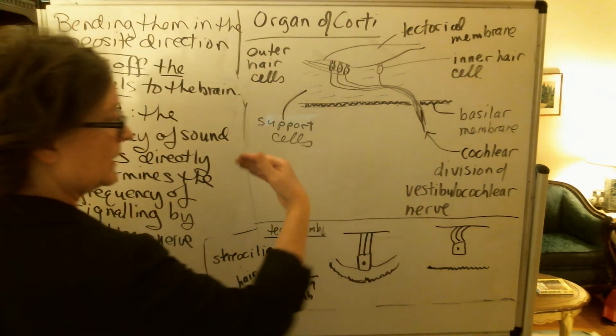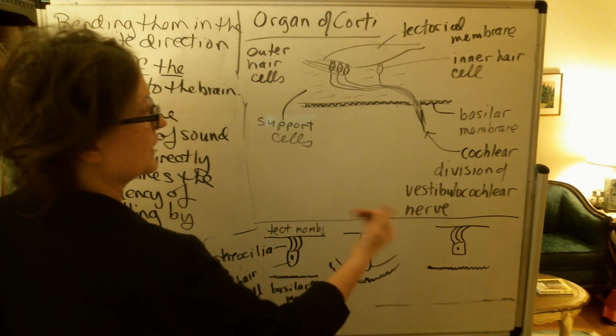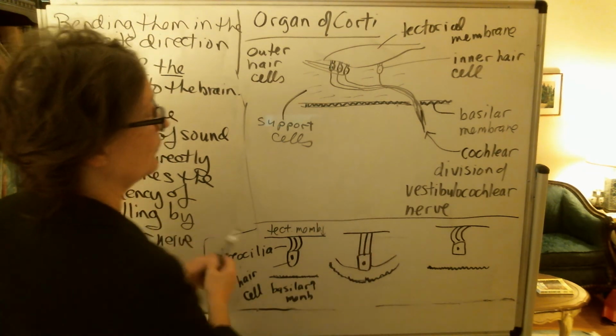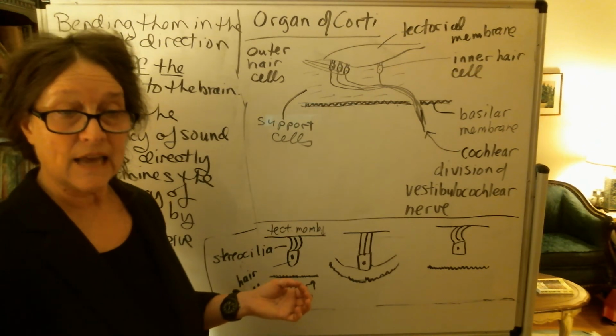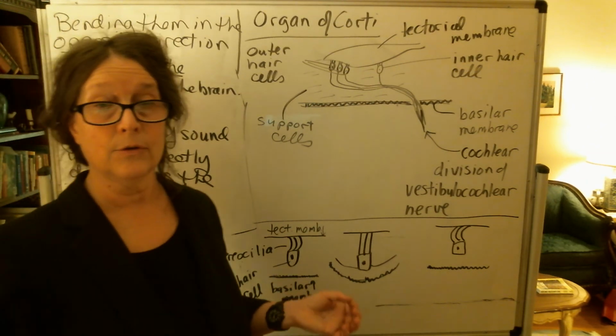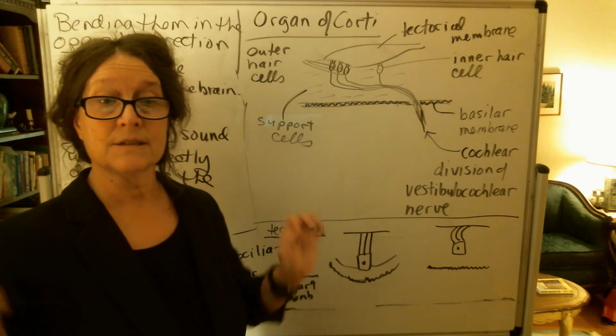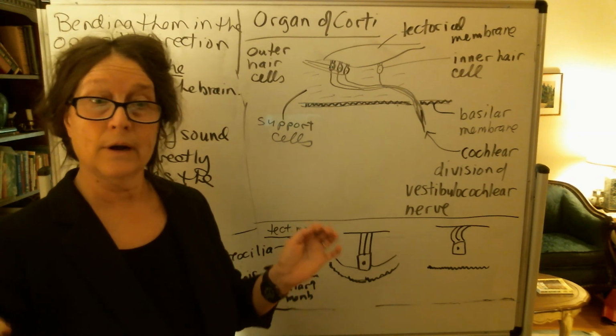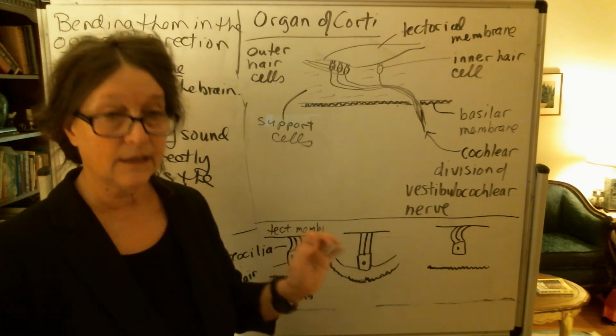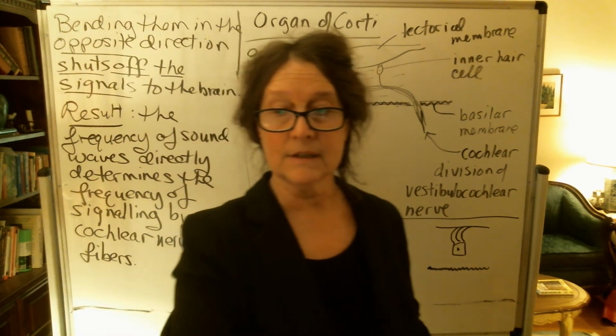And it's the hair bending in one direction or another direction, on, off, on, off, on, off, which actually becomes a nerve signal telling about the frequency of those vibrations, that is to say, what pitch they are. And that then is what our brain interprets as hearing. And that's the end of this lecture.